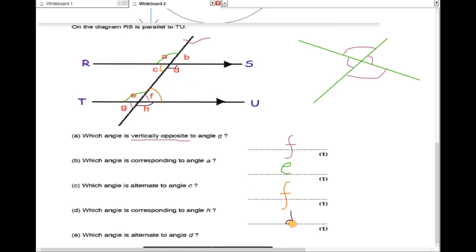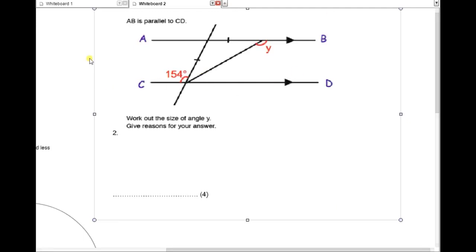Yes, it's Z. Yeah, that's right. That's so beautiful. Which angle is alternate to angle D? E. That's too good. So that's how we try to analyze our angles. Alright, let's see the next question.